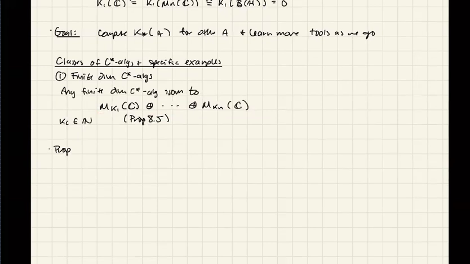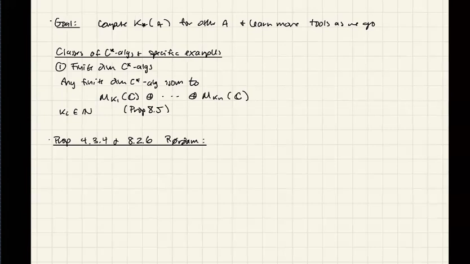I'll list them out here so you can take a look at the proofs if you're interested. The first one deals with K0 and the second deals with K1. But again, this is coming from Rørdam. But I'm going to state this for both of them.